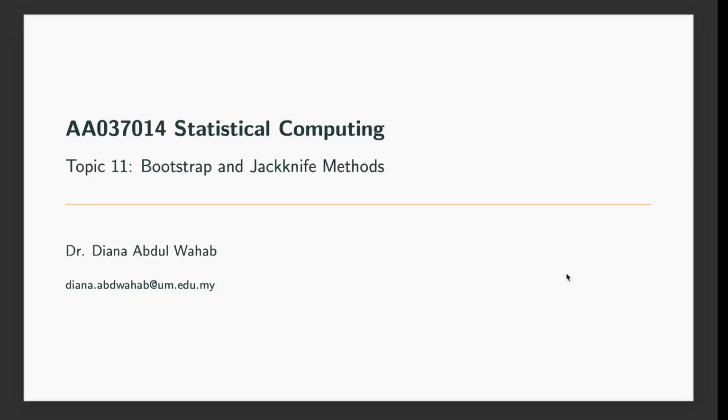First, we are going to talk about what it means by resampling methods. And then we will first talk about the non-parametric bootstrap. Then we will cover the Jackknife, which is the older version, and it is simpler.